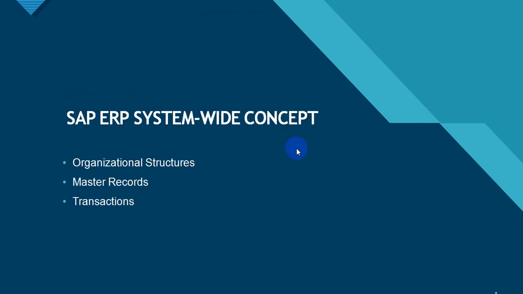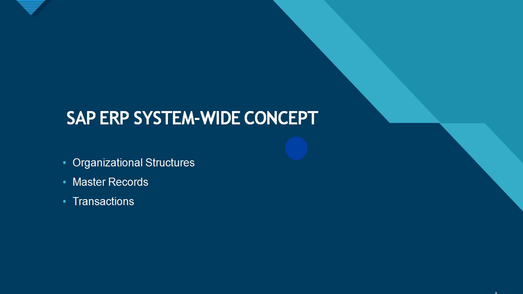Now let's talk about the SAP ERP System-wide Concept. The SAP ERP System-wide Concept has 3 levels. You have the organizational structures, you have the master records, and then you have the transactions. Now the organizational structures contain several organizational levels. These are levels based on how the company is structured.